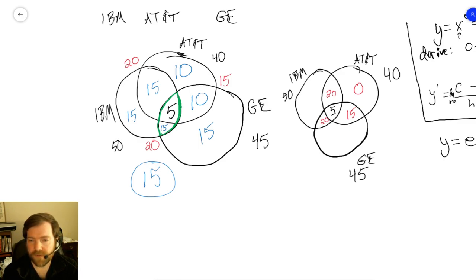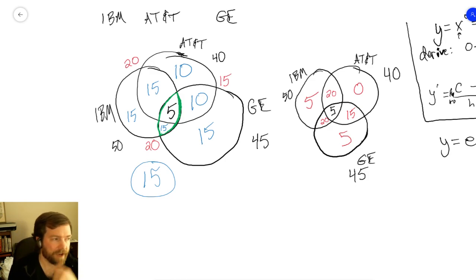If we do the same for this one, this says that we have 25 plus 15 is 40 again, which means that GE is only going to have 5 people who own only GE stock and not any of the others. IBM, same deal, 40, 20 and 20 is 40, plus 5 is 45, so we have 5 that are now going to be just IBM and none of the others.